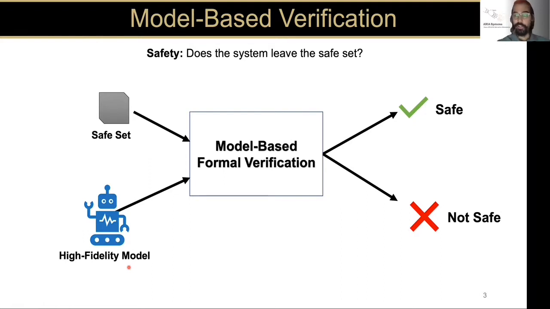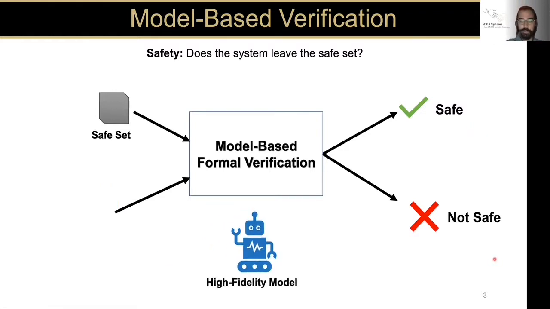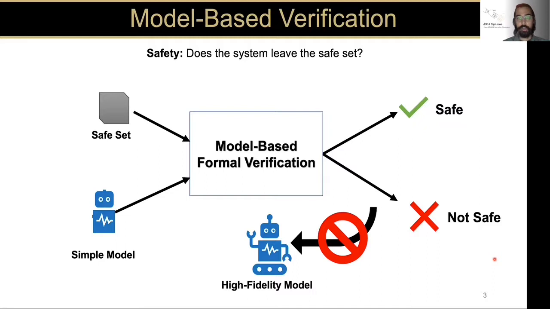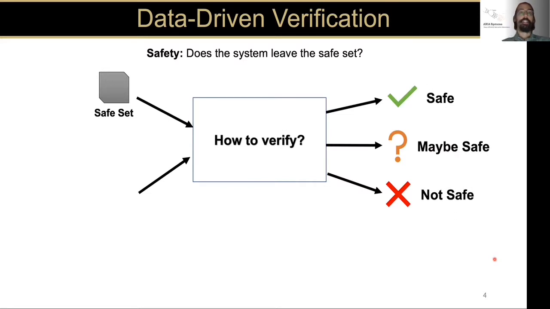So the answer to this question is either yes or no. However, if we use a simpler model, such as a linearization or just anything else, the guarantees that we generate for this simple model do not necessarily apply to this high fidelity model. So this begs the question, how can we work with these simpler models but still get guarantees for higher fidelity models? And one way to do this is by using a data-driven verification approach.